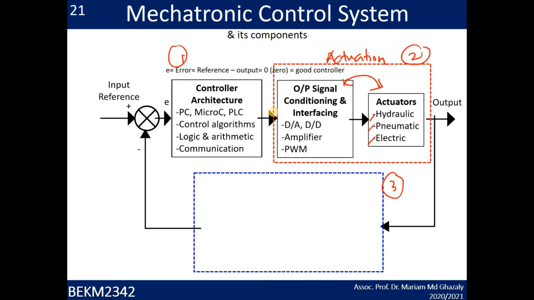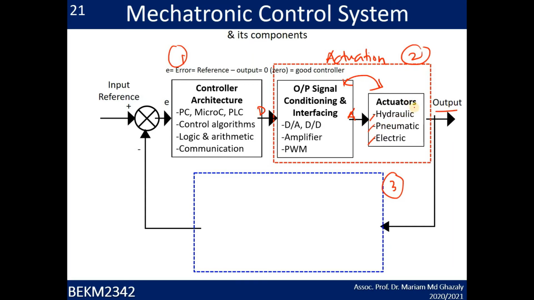The reason is that you need to convert from the control architecture, where the output is digital, from digital to analog. So the input will be digital and the output will be analog, so that your actuator can read the signal in analog.